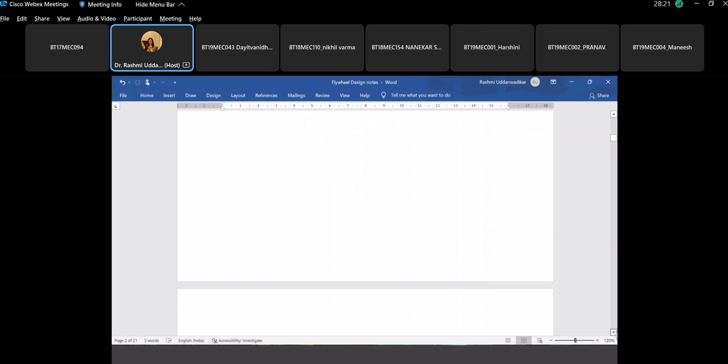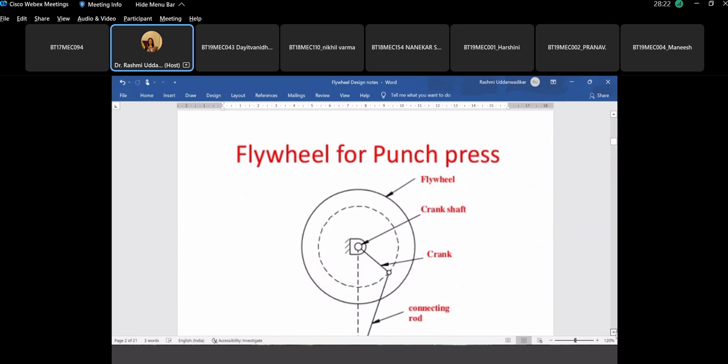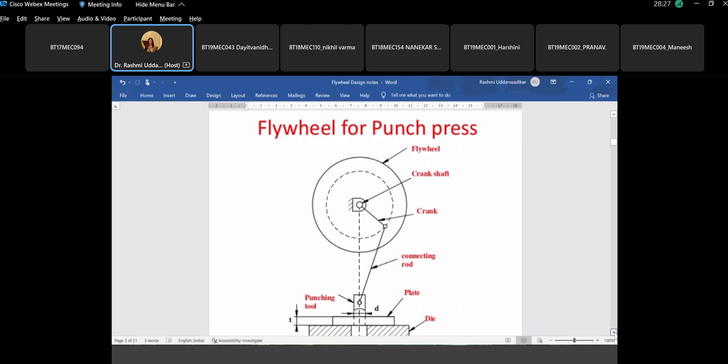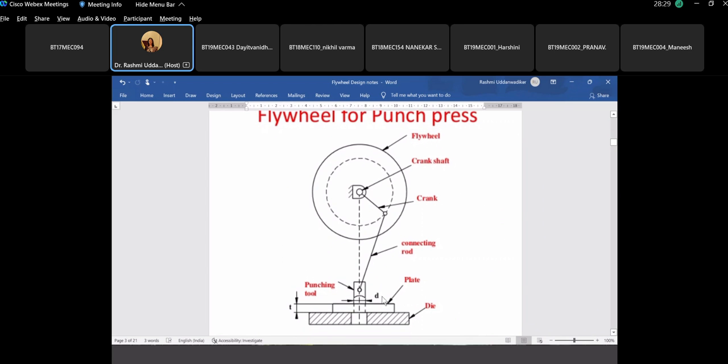On the application side, a punching press is an application which requires a flywheel. So as you understand, in a punching press, this is a crank which is continuously rotating around this shaft, and this is the plate where a hole needs to be punched.